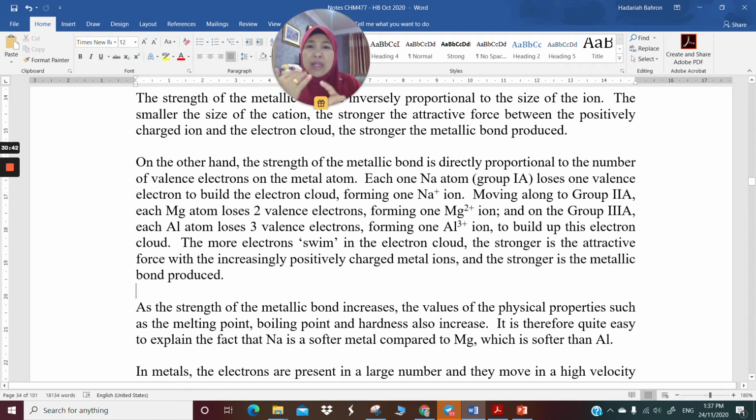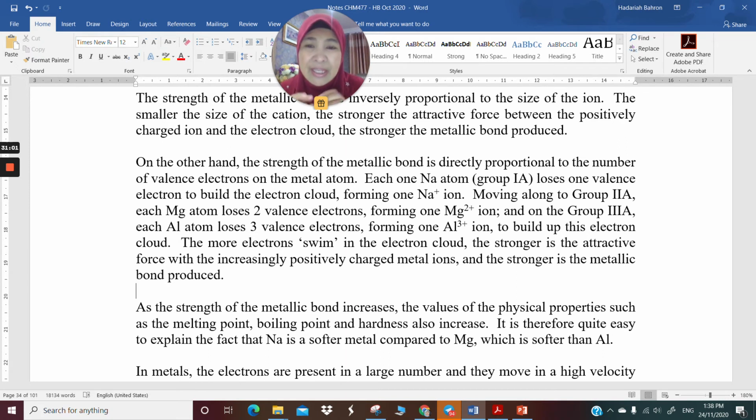So, sodium will have a metallic bond which is weaker than in magnesium, because the metallic bond of sodium is made up of the attraction of 1 valence electron with 1 positively charged sodium ion. But when you go to magnesium, you're going to expect a stronger metallic bond and a harder metal, because you're going to have 2 valence electrons per atom interacting with the magnesium 2+ center.